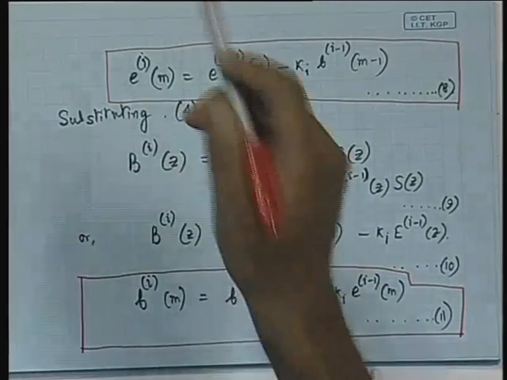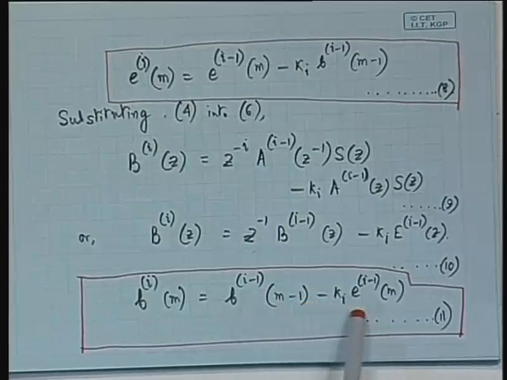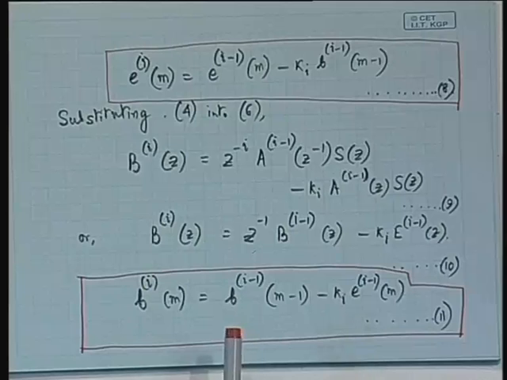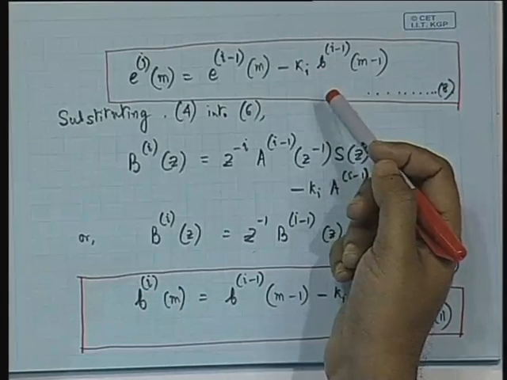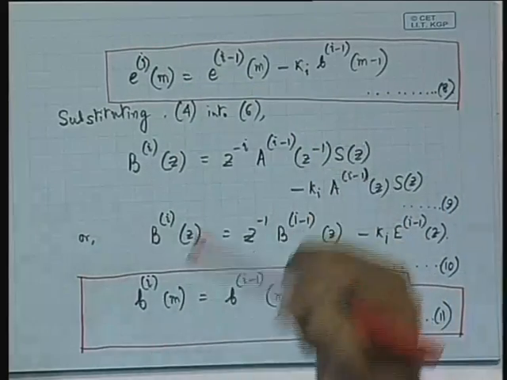So, E1 of m is obtained. Again you can obtain B1 of m, no problem, because you know B0 of m, you know E0. So you get B1. And if you know B1, you will be able to determine E2, and you will be able to determine B2, and the computations are going on hand in hand.